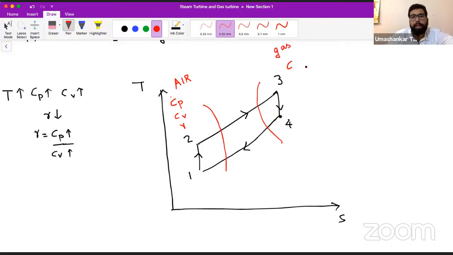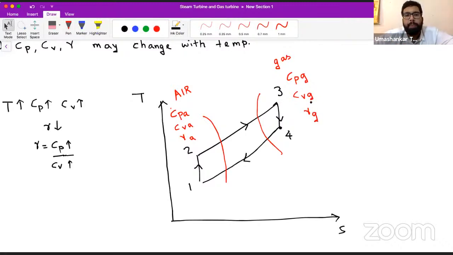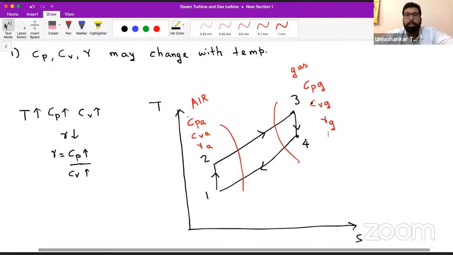No more will it be air, it will be gas, because the Cp, Cv and gamma values would have changed. So I will call it Cpa, Cva, gamma a. Here we will use Cpg, Cvg and gamma g.